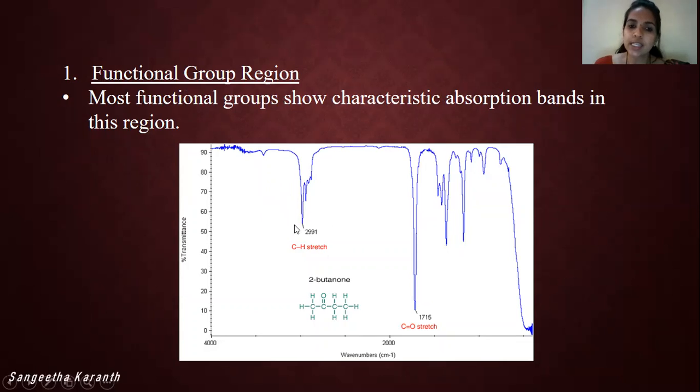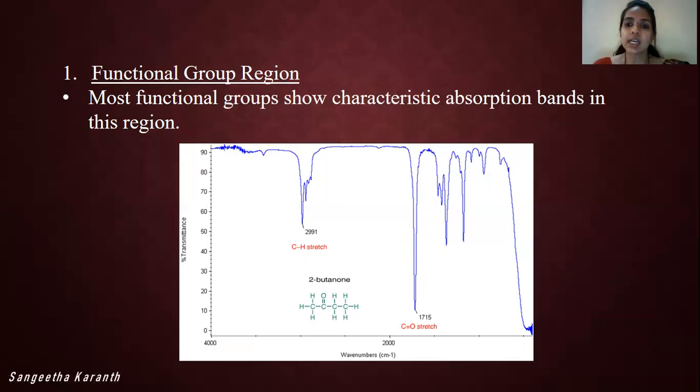If we see any peaks in the range of 2900 to 3000, then we can easily identify that there is a CH stretch in the molecule. In the same way, a very characteristic peak is observed at around 1700 centimeter inverse.